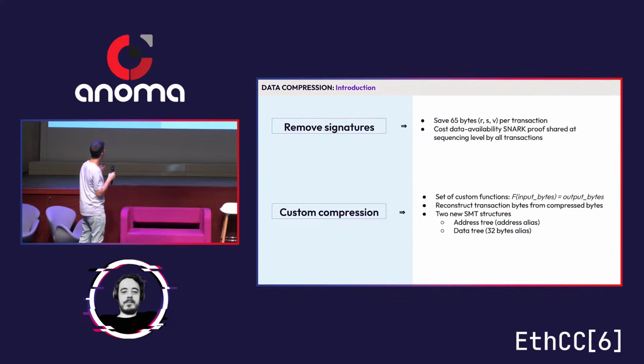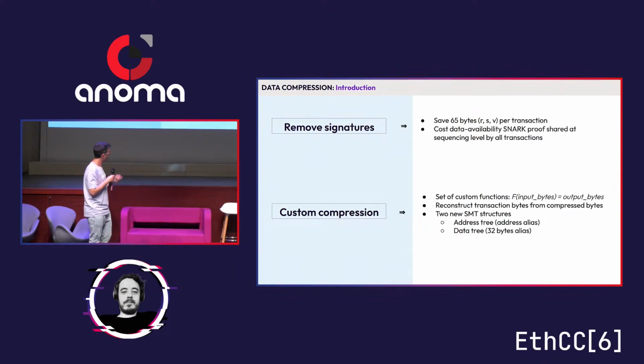We thought of a protocol in order to apply a small set of functions, very minimal, to compress an Ethereum transaction. There are different ways to compress data. One of them is just doing delta states. Another is to apply some well-known compression libraries. But we took the path of doing some kind of custom compression.